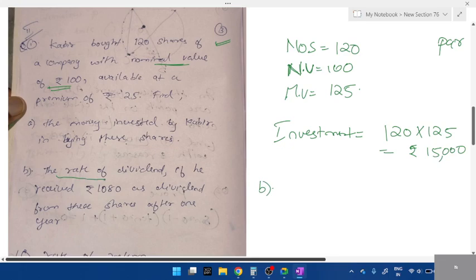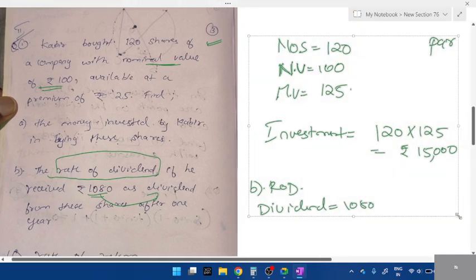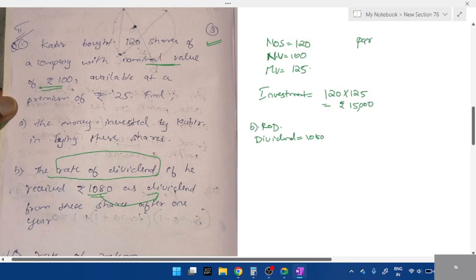Next one. What do you need to find? Rate of dividend. If he receives 1080 as what, student? As dividend is equals to 1080. So rate of dividend, there is no separate formula. We use dividend formula.